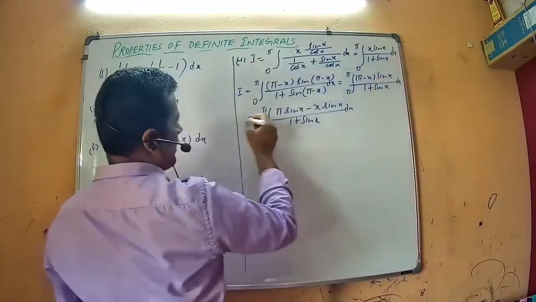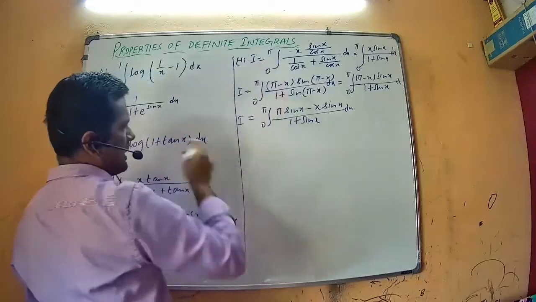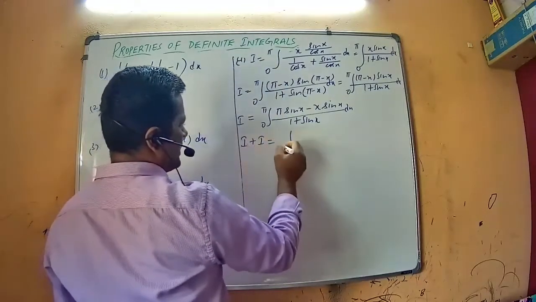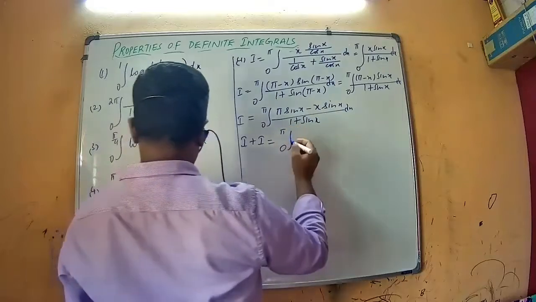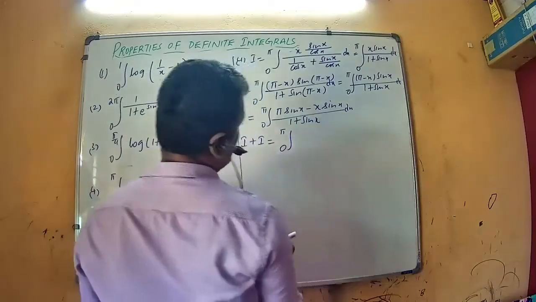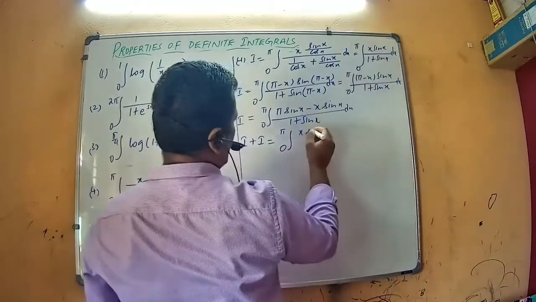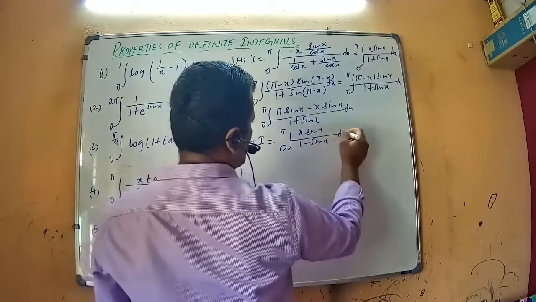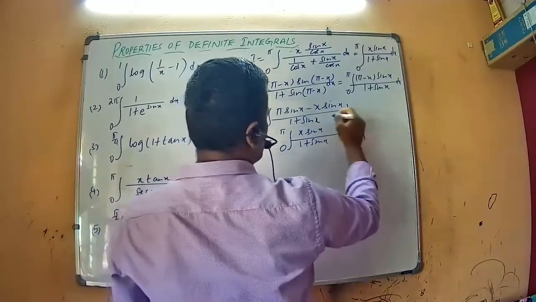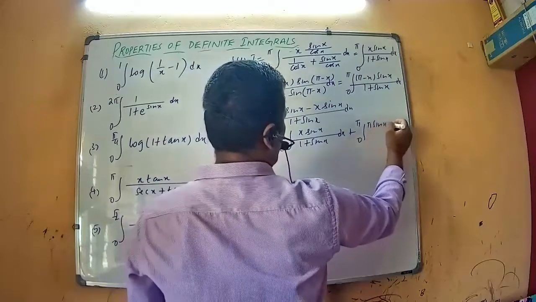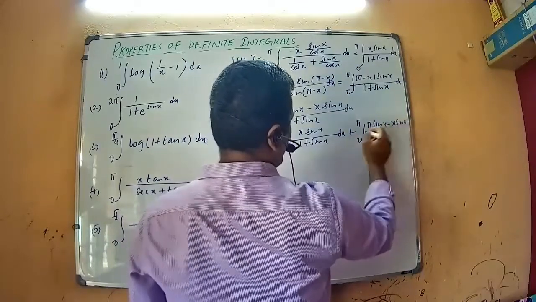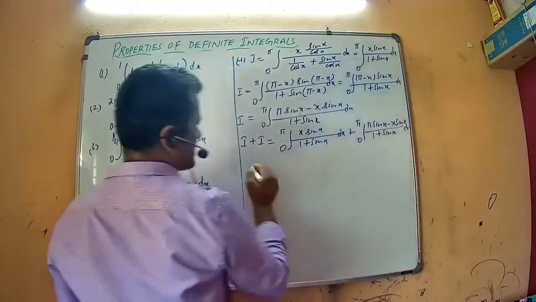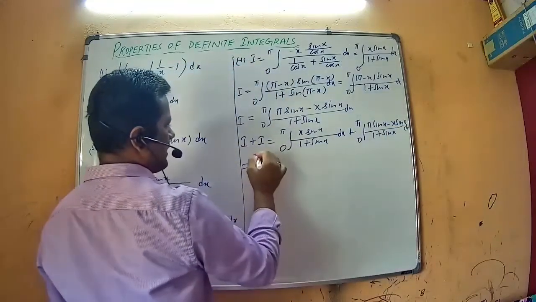Okay, fine. Now this is I. Already we know what is I. So adding those two, I plus I will become integral of 0 to pi x sine x by 1 plus sine x dx plus integral of 0 to pi pi sine x minus x sine x by 1 plus sine x dx. So add these two. What are you supposed to get here?